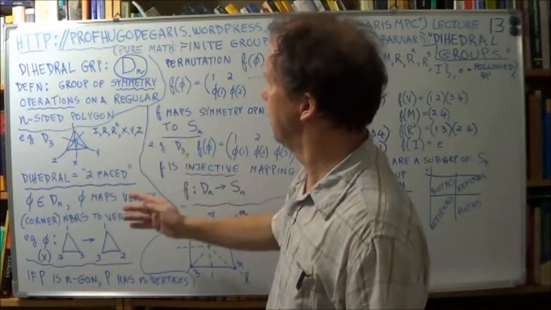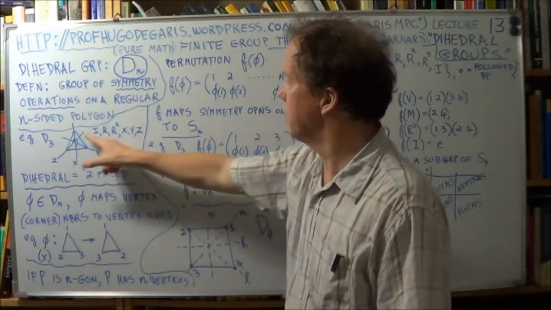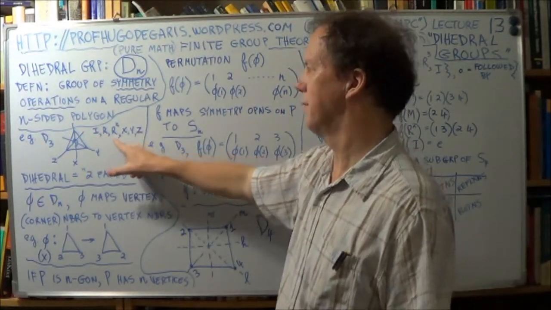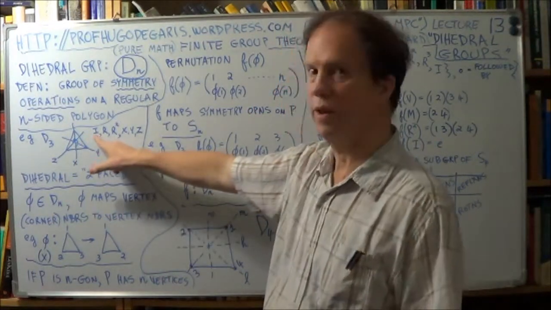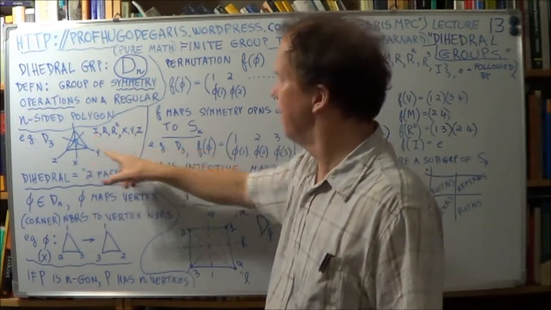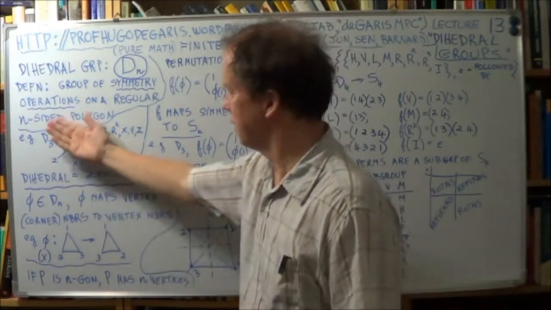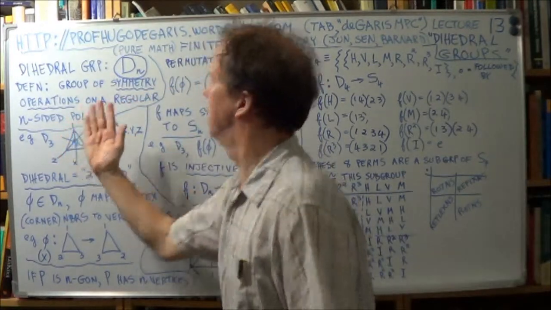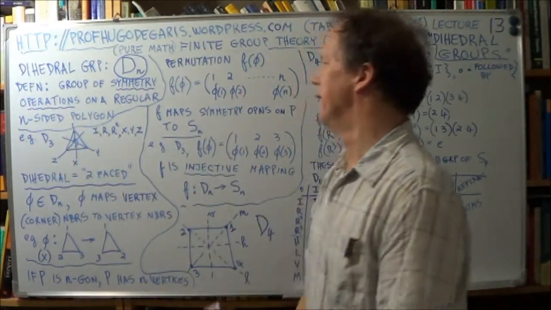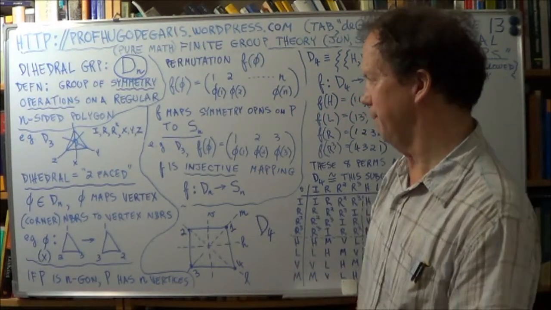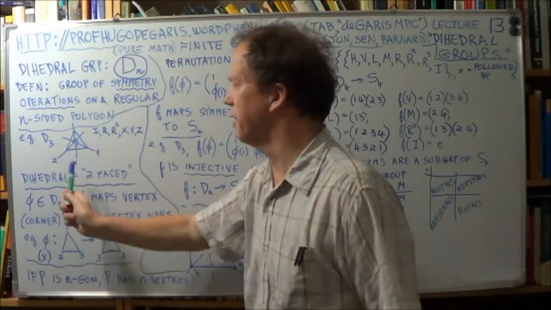Another symmetry operation, and Z would be doing it that way. Okay, so these three, in a sense, involve rotations. This is the do nothing, rotate by 0 degrees, and these three are flipping operations in a sense. Right. Okay. So we have two faces. So dihedral or bihedral, if you like.